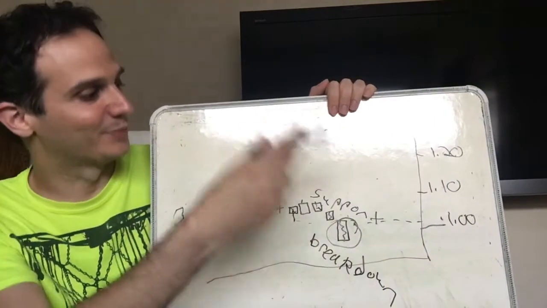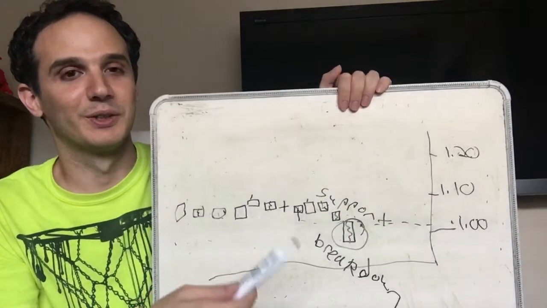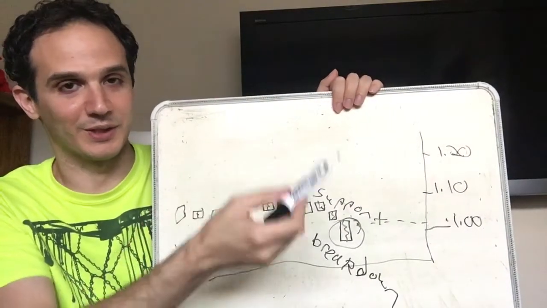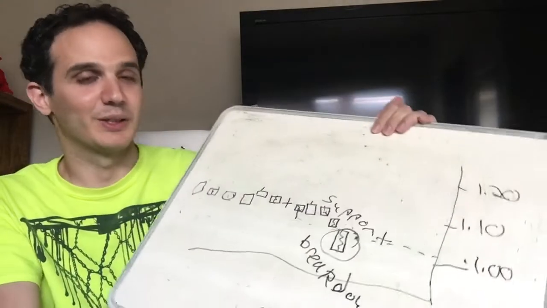Okay, and then the opposite would be true for resistance and a breakout. Okay, so I'll draw now resistance and a breakout. I think you get the concept, but I'll make this like a beginner's video. Okay, let me get my eraser.